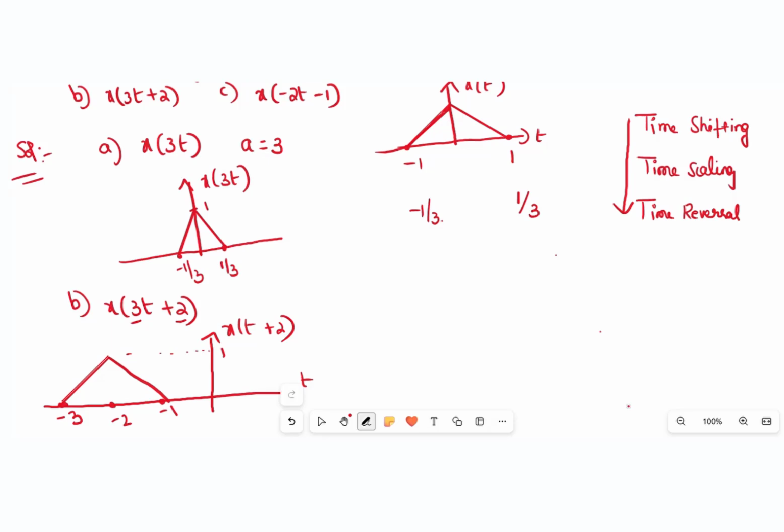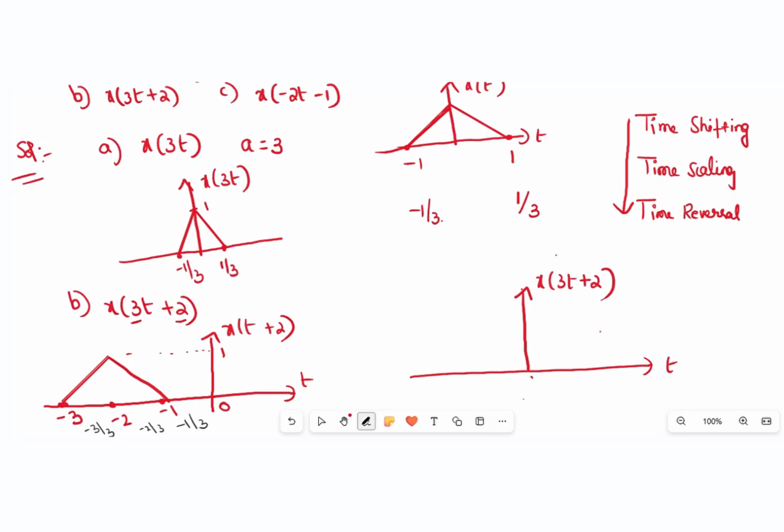Now I will plot x of 3t plus 2. So after shift, you have to scale it. So now the scaling is for these 3 points. So now scale it. If you scale, you will get minus 1 by 3, minus 2 by 3 and minus 3 by 3. Okay. So you are going to get x of 3t plus 2.